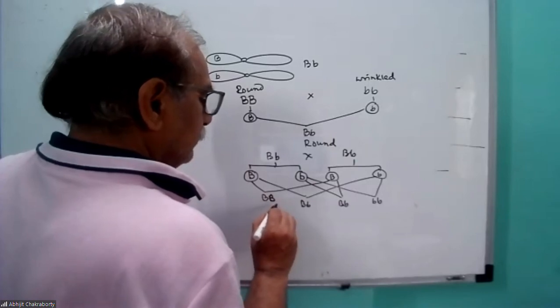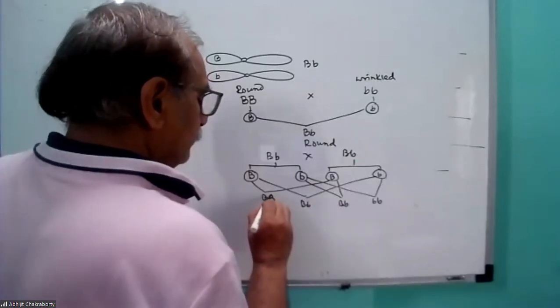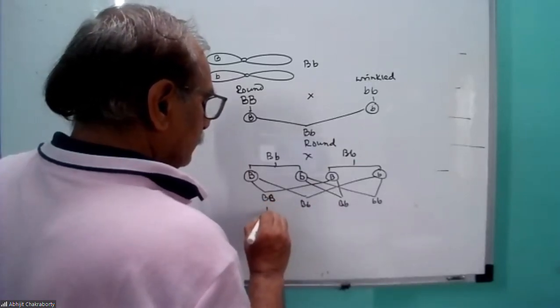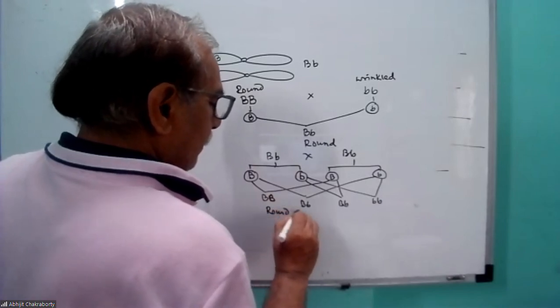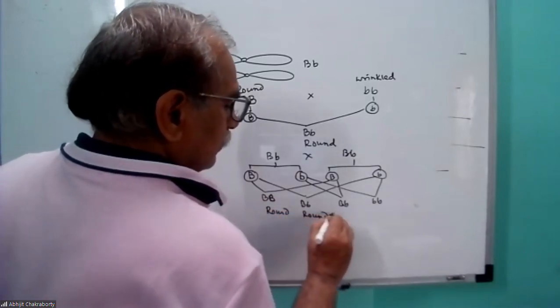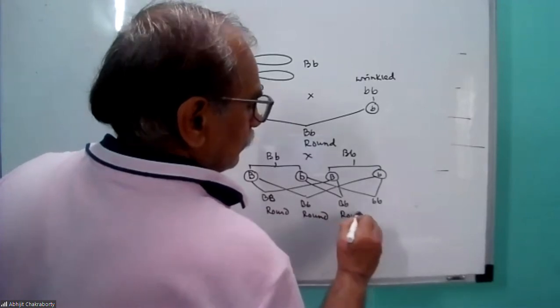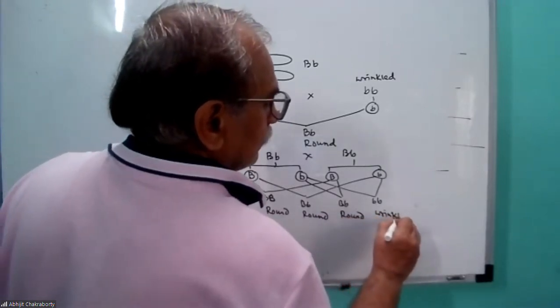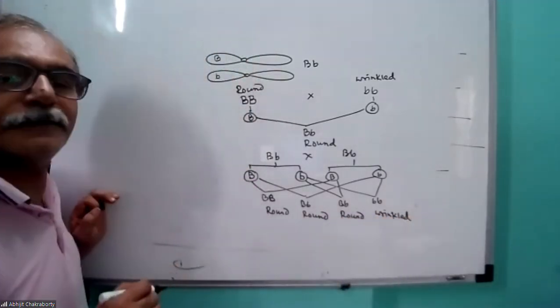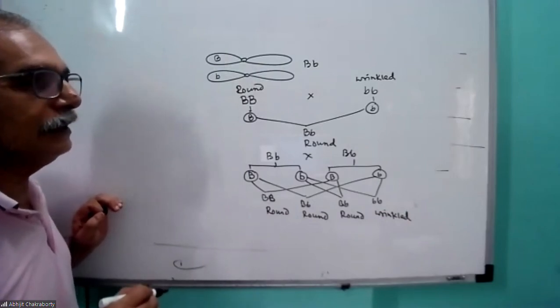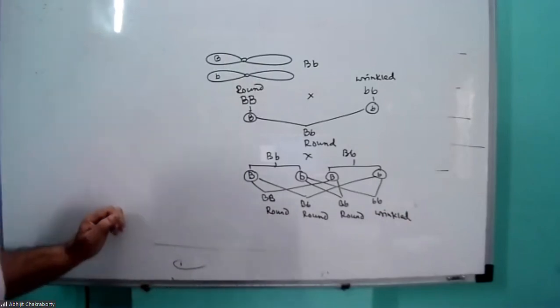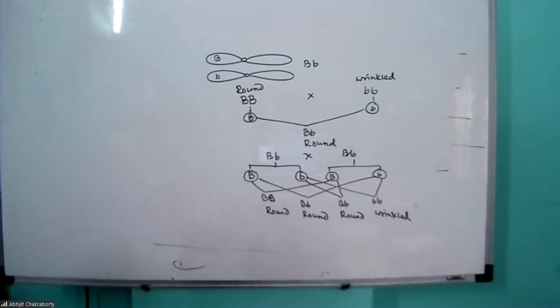Here it is round, round, round, and wrinkled. Clear? But in terms of size of the starch grain, you will get three sizes.